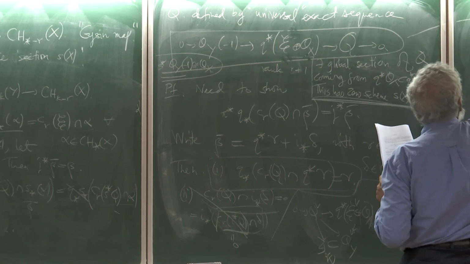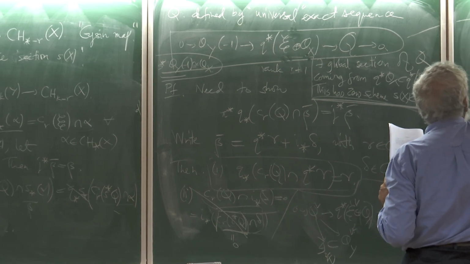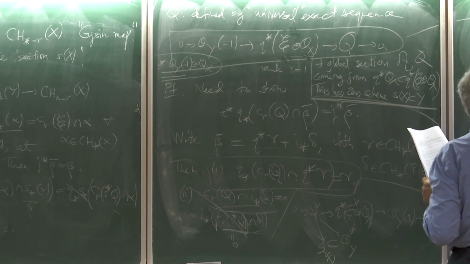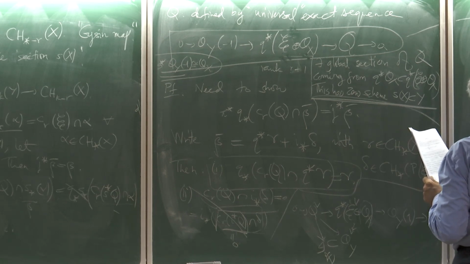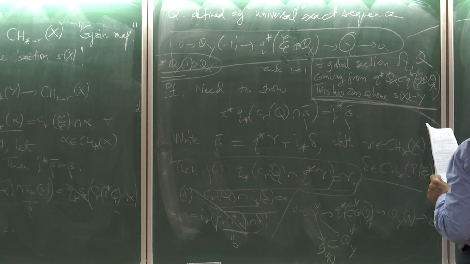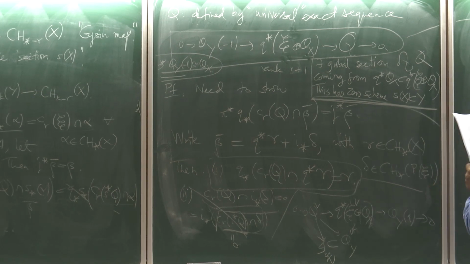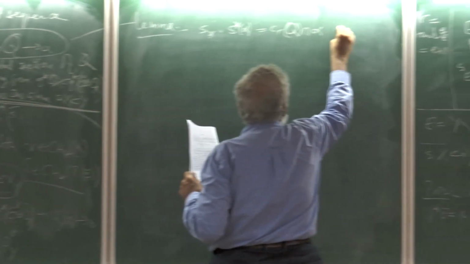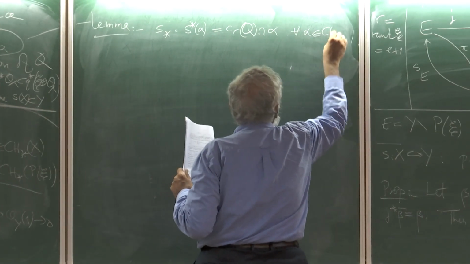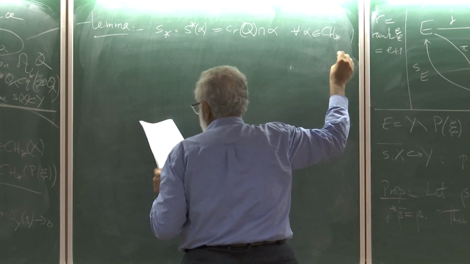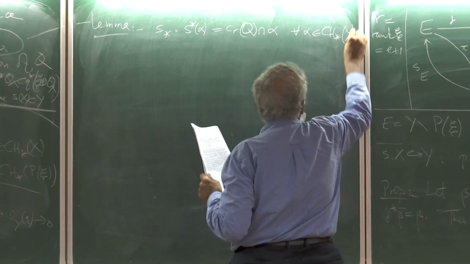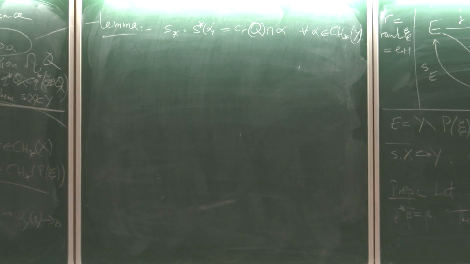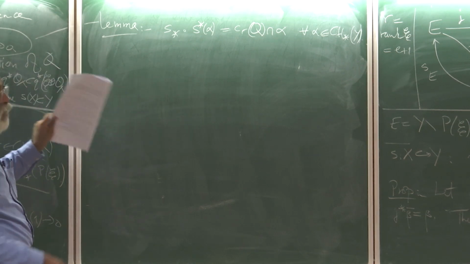So, lemma. S lower star composed with S upper star alpha is equal to CRQ cap alpha for all alpha in Chow star of Y. So this is saying take any class in the Chow groups of Y, restrict to the zero section, whatever that means.